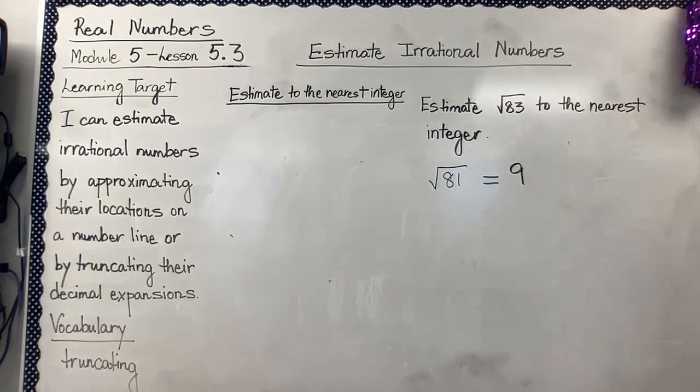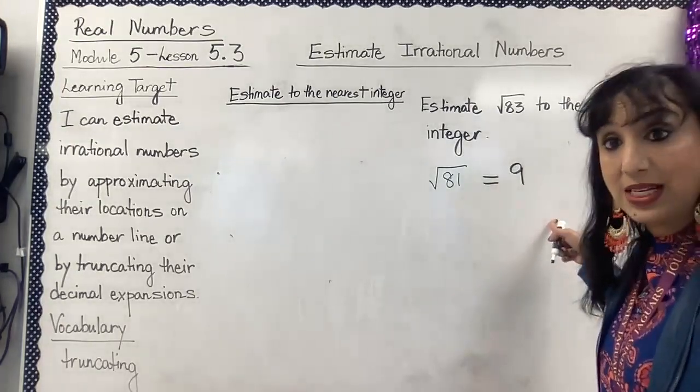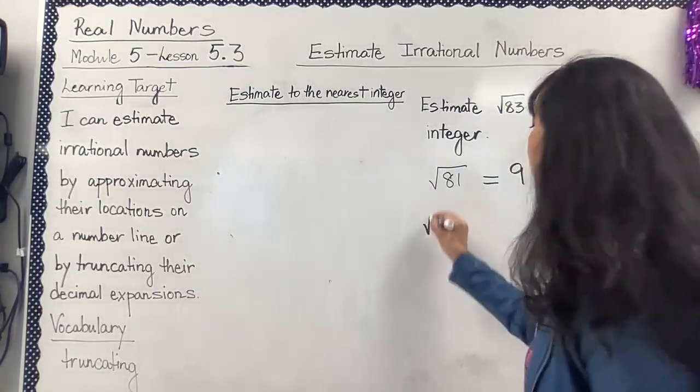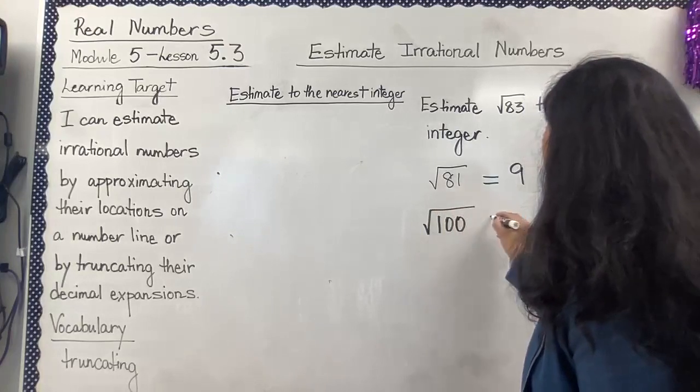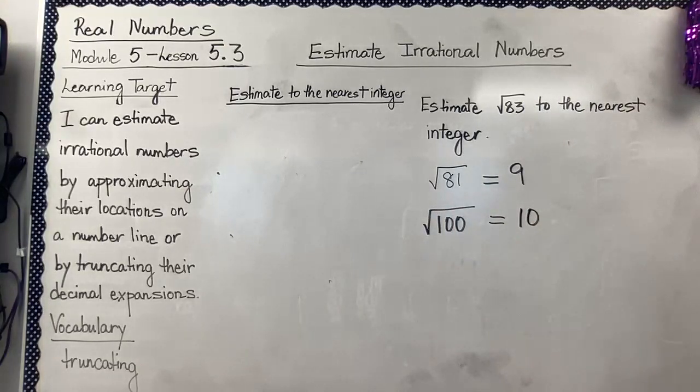And then the least perfect square which is greater than 83 is what? 100, right? Because 9 times 9, and then I have 10 times 10, which gives me 100. So this is the perfect square. All right. So now we can plot this on a number line.